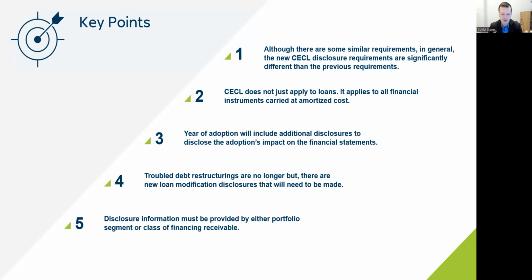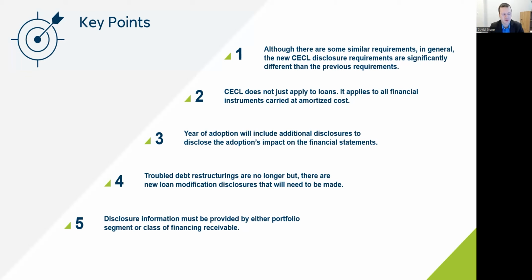It's only those mods that are to those experiencing financial difficulty. So a key difference there that needs to be considered when gathering the info that needs to be disclosed. And we'll dive into this one a little more in a few minutes as well.